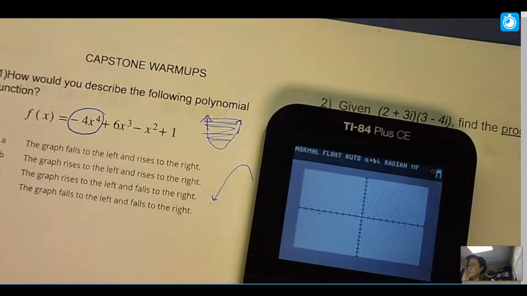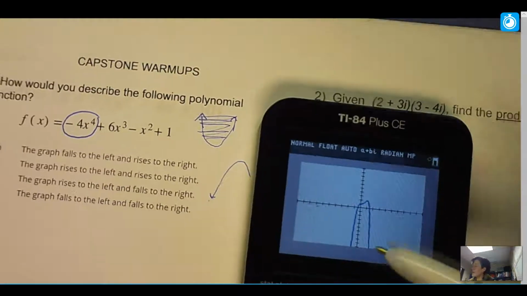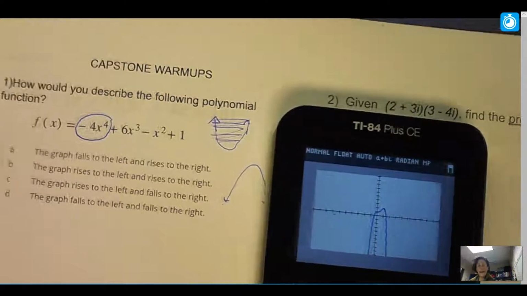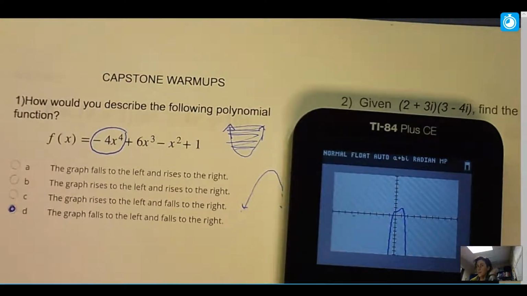I always like to start with the zoom 6, and so watch it graph. If you notice, it's the same idea. It's falling on the left side and it's falling on the right side.